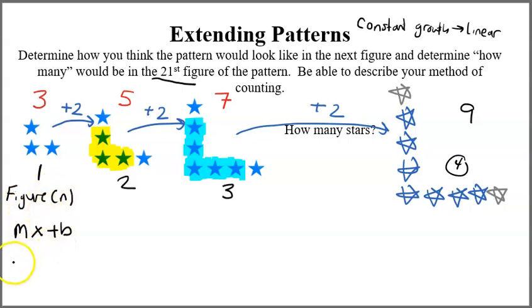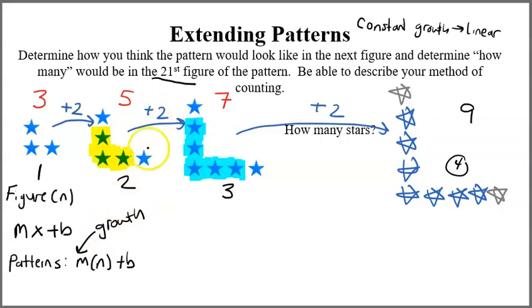When I'm talking about patterns, I substitute n for x, because the thing in my pattern is the figure number. That's the input. The figure number determines what I get in terms of how many stars. The value of m represents the growth.